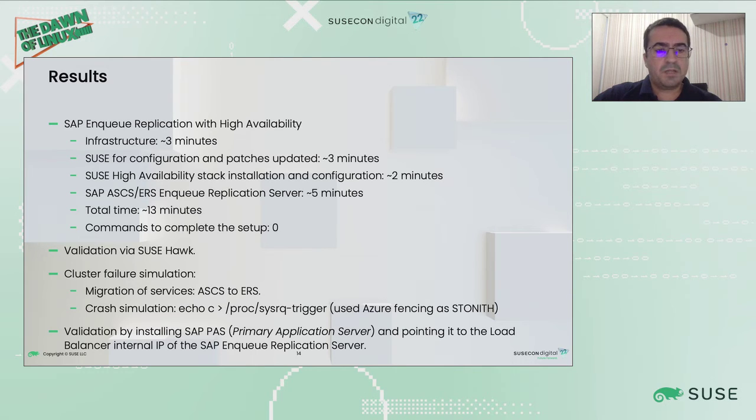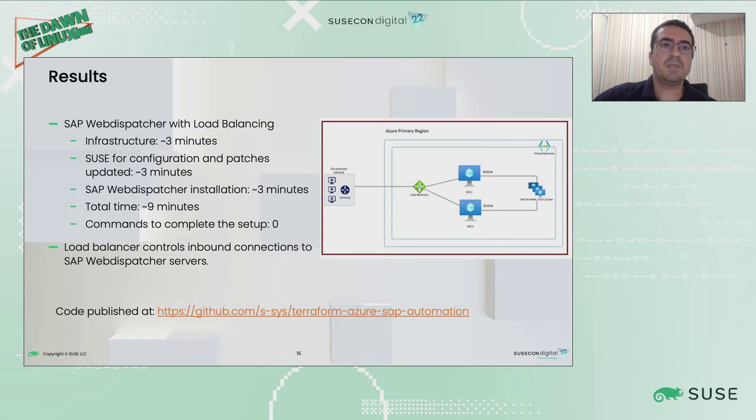We made all the validation through the SUSE Hawk interface, and we simulated failure scenarios using migration and also crashing, and we validated the whole stack by installing the SAP primary application server, pointing it to the load balancer IP address of the SAP Enqueue Replication Server.